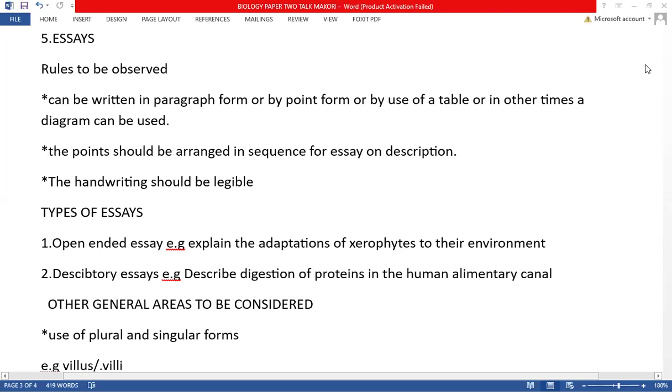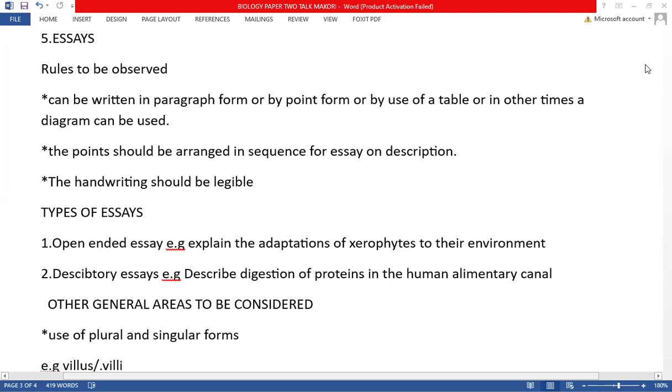I want to mention something here. If you have been given an essay, let's say, of the adaptations, even when you are indicating, unaweza andika in table form, this is the adaptation, then the function of the adaptation of that structure. So clarify your points.